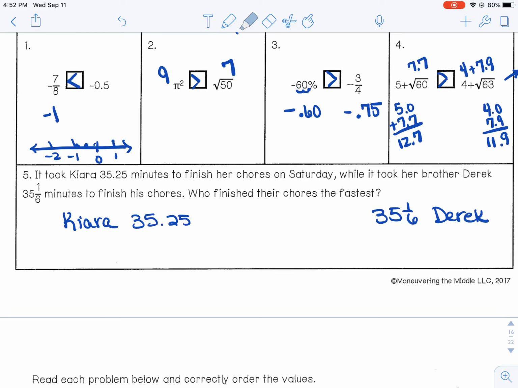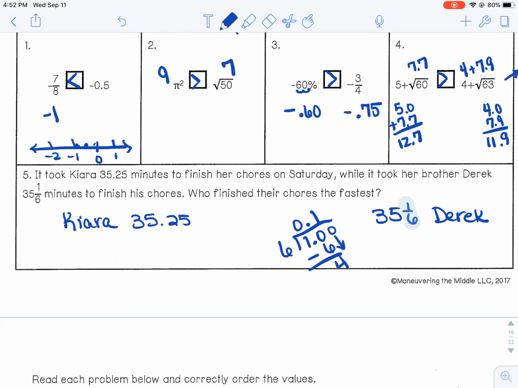So they both have 35 as their whole number, so I'm going to convert this 1/6 to a decimal. So let's see how that works. I'm going to chop down the tree. The 1 falls into the house. 6 goes into 1 0 times, but it goes into 10 one time, with a remainder of 4.